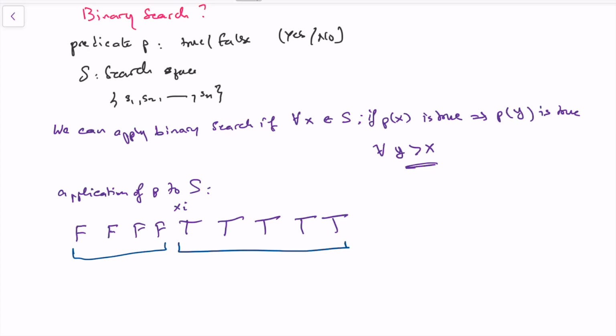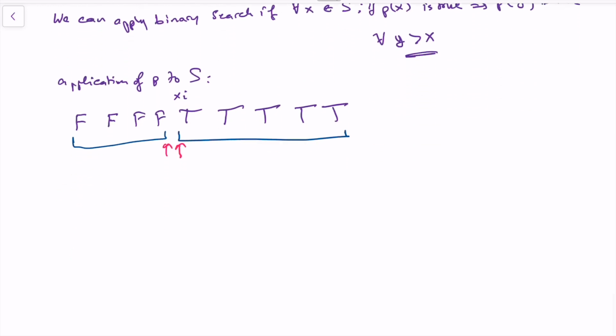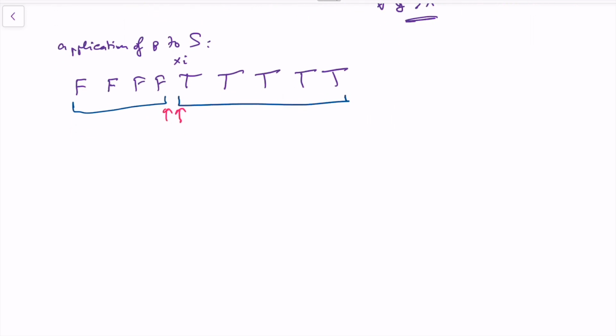This would be more clear on examples. And so with this, what binary search will help us find is the first x, or the first position where it starts becoming true, and the last position where the predicate is false.